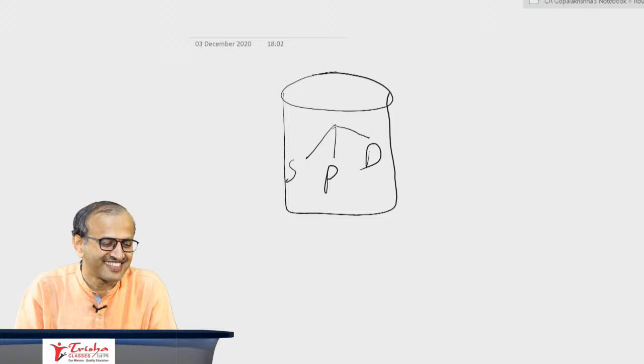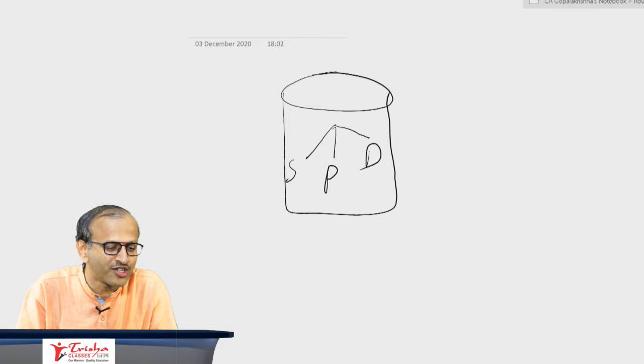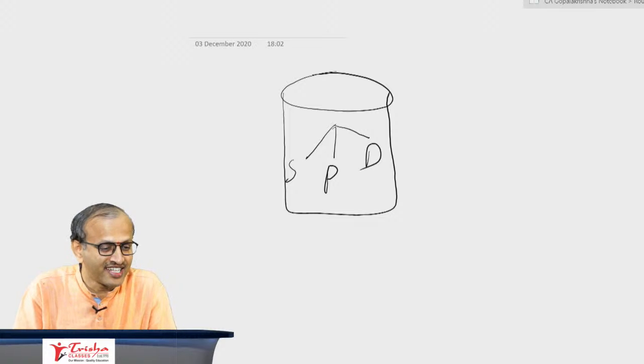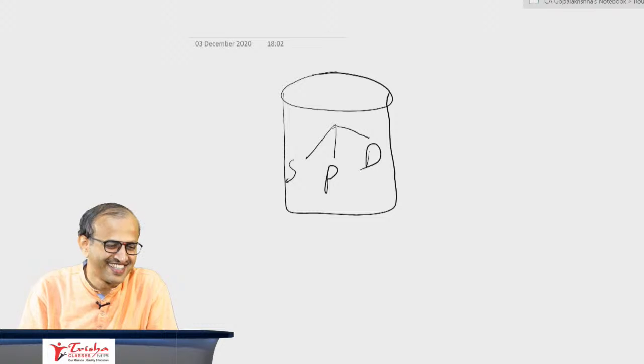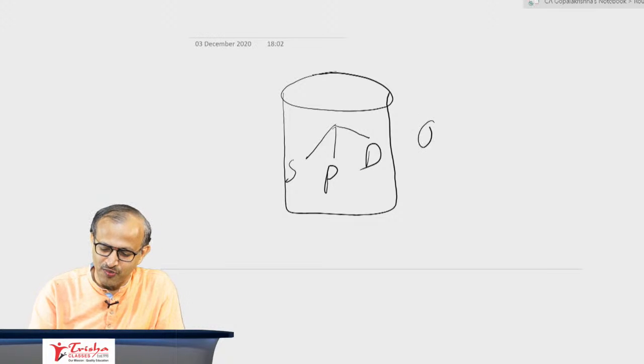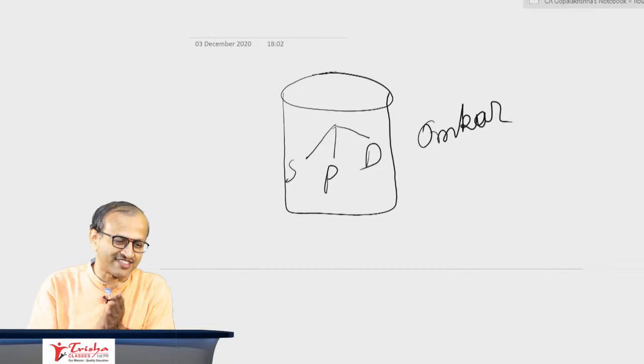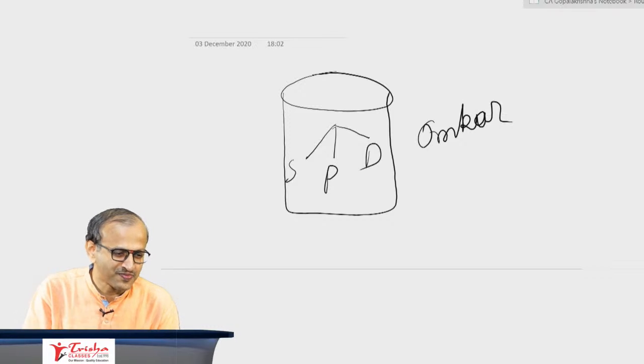Very good. Anyone told you this puzzle earlier? So interestingly, quickly you worked it out. You are all intelligent. And today's prize goes to Omkar, the first one to respond immediately. Congratulations, Omkar. Good work. Well done.